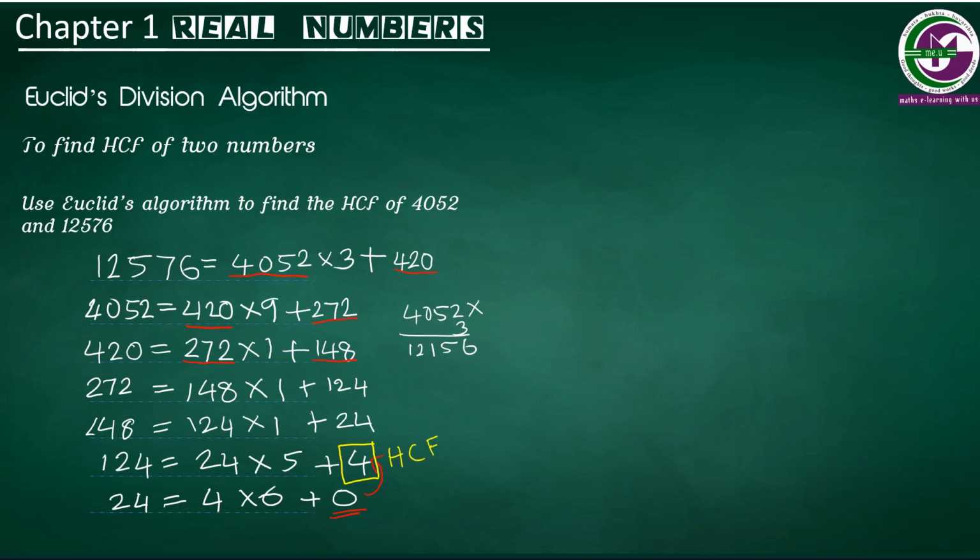The previous remainder 4 is the HCF of the numbers 4052 and 12,572. So you need to continue the same procedure, checking whether the remainder is 0 or not. If the remainder is 0, we'll stop there and go back to the previous step to get its remainder, and that remainder is the HCF of the two numbers.